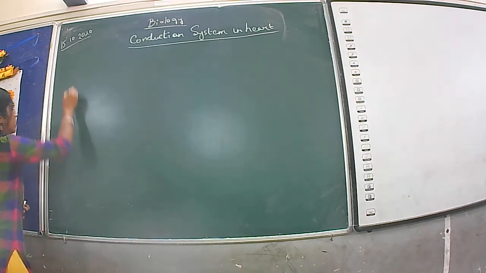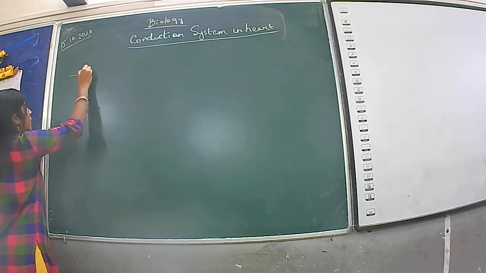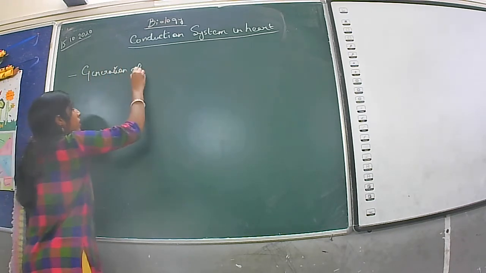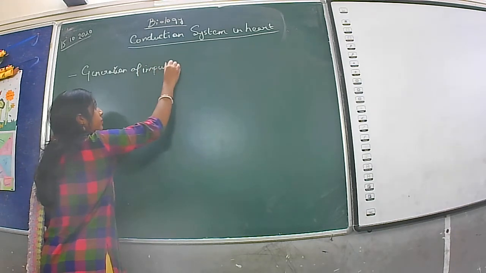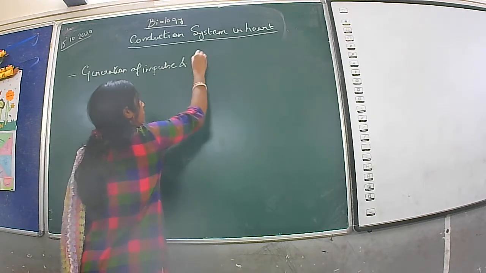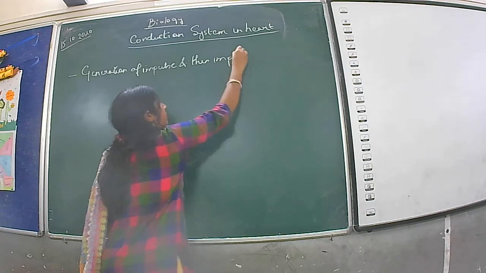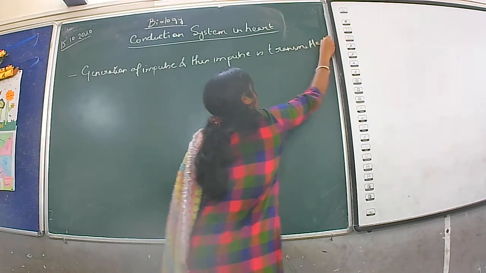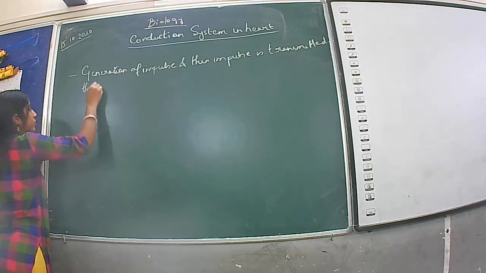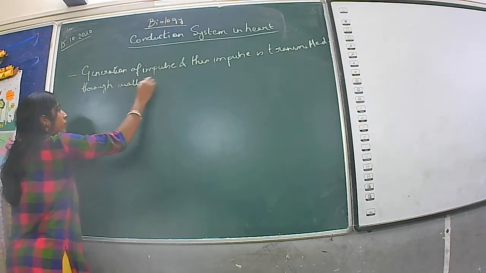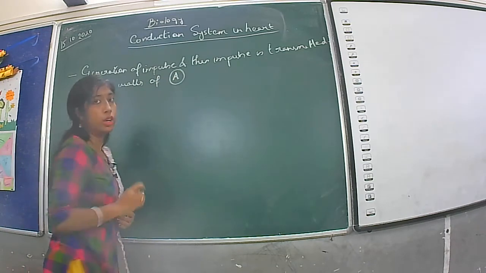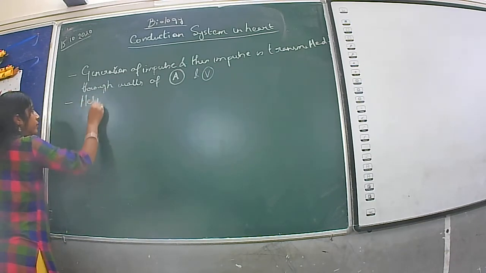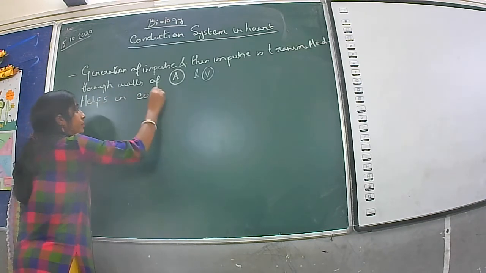So we can write it down here: conduction system means generation of impulse, and this impulse is transmitted through the walls of auricles and ventricles, and this helps in contraction.